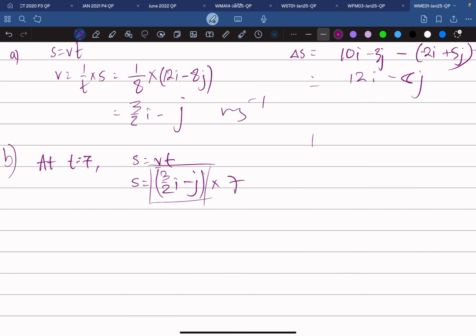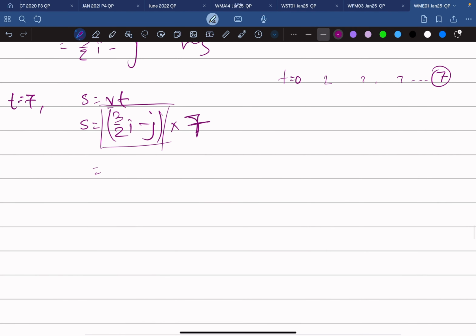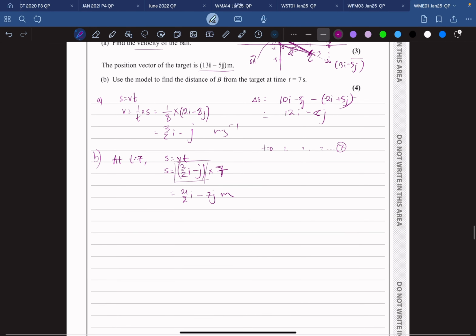And you're starting from t is equal to 0, you're going to 1, 2, 3, 4, all the way to 7. And really, this is what we're concerned about, so we could just use 7 seconds of travel right here. I'm extremely sorry for what I said there. My bad. This is what you have to do, okay? 7 times 3, that's 21 by 2 i minus 7j meters. There we go, that's s.